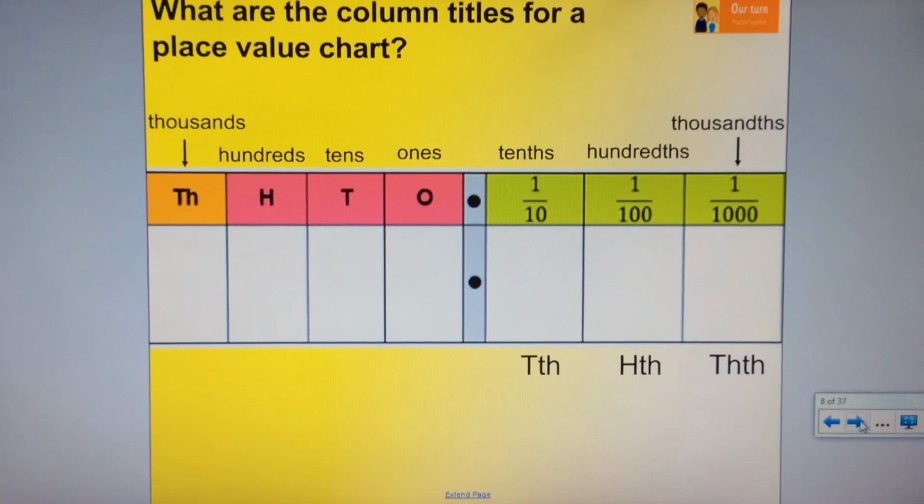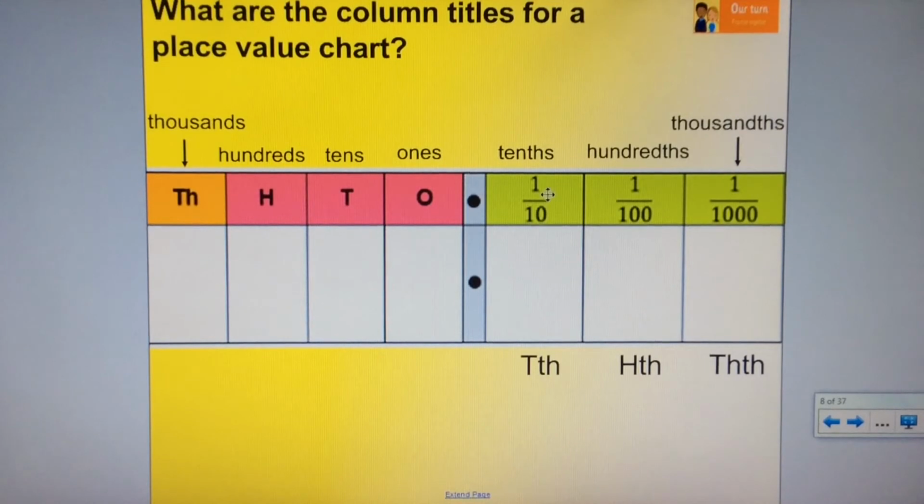Welcome back. So there are some different ways to write the column titles. Let's just have a look so we understand the different ways. We've had the thousands column, sometimes shown as a TH, the hundreds column with an H, tens with a T, ones with an O. Then we've got our decimal point.